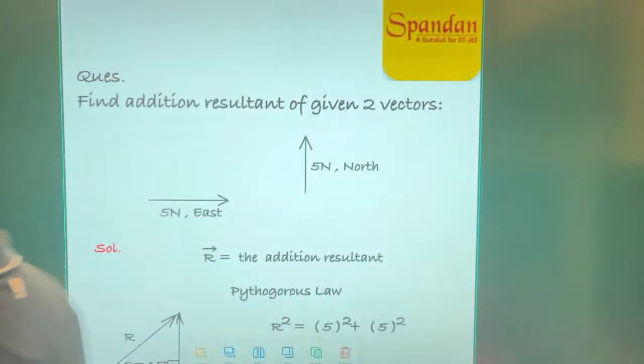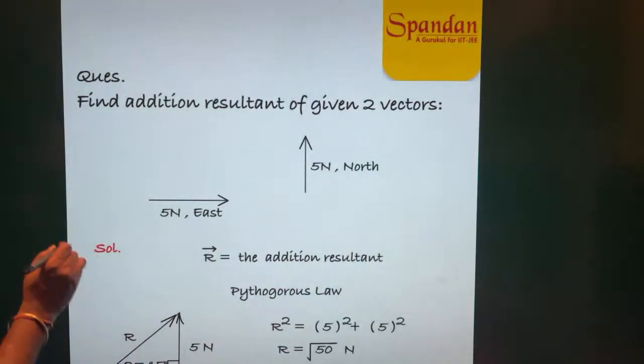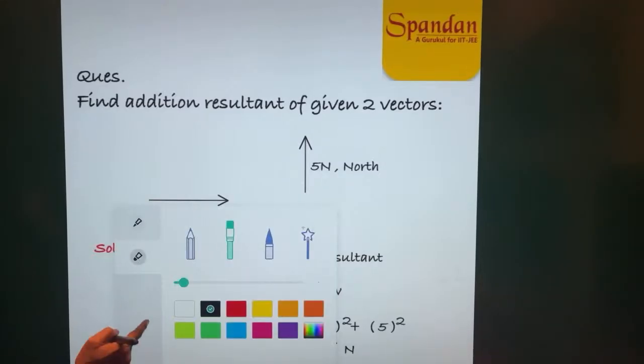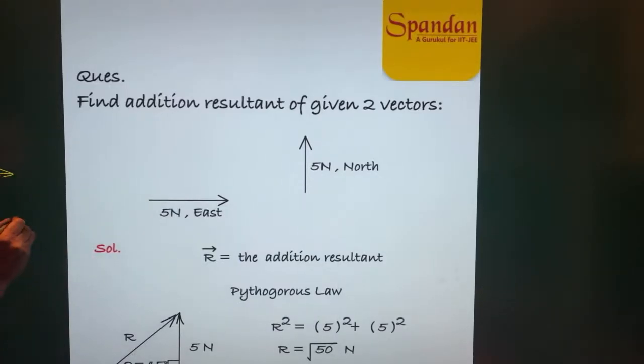That means if a body is there, so this body is say undergoing two types of forces. One force is say towards right and the second is say towards vertically up.